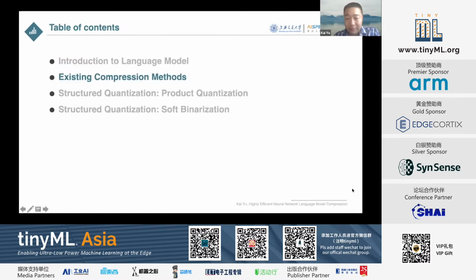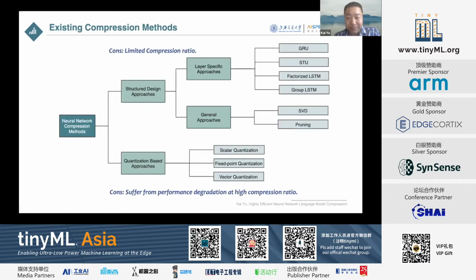But how do we do the compression? There are two ways to do neural network compression. One is to change the structure. Another is to do quantization. For the structure approach, people usually can design new structures, like using GRU to replace LSTM, or use some kind of general approaches to do structured factorization, like SVD or pruning.